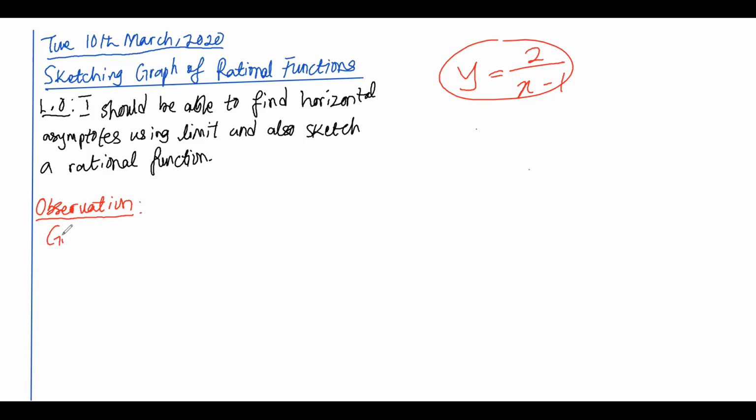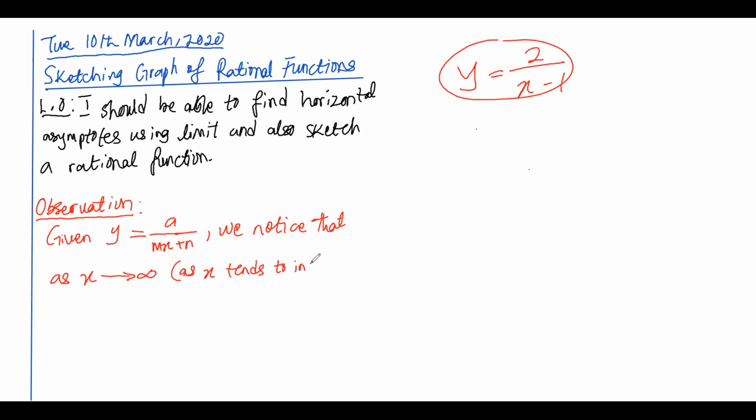Given y equals a divided by mx plus n, we notice that as x becomes large, that is how we write it, as x tends to infinity, that's how you read that.